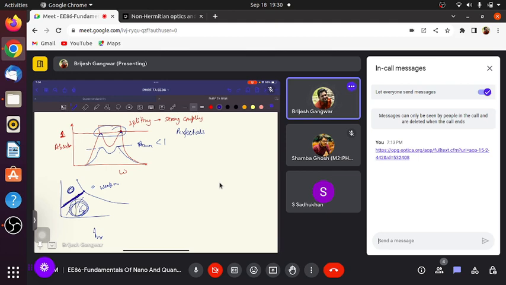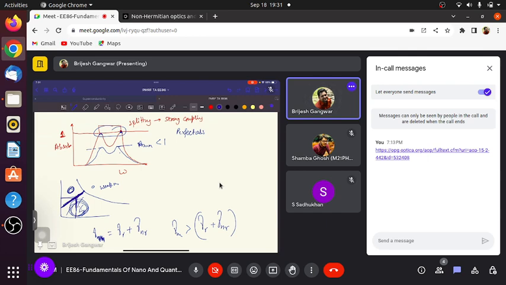So if you have at this point gamma m equal to gamma r plus gamma nr, and if you have gamma m greater than gamma r plus gamma nr, I should do this derivation, I think.